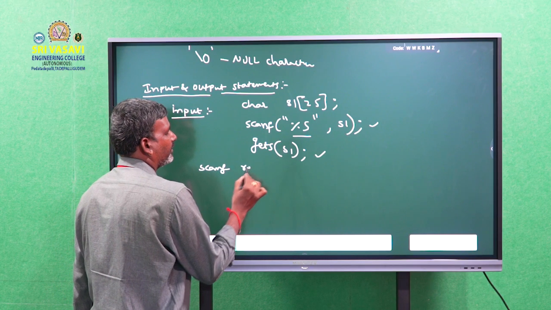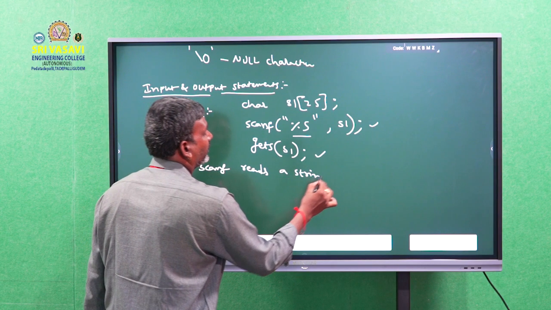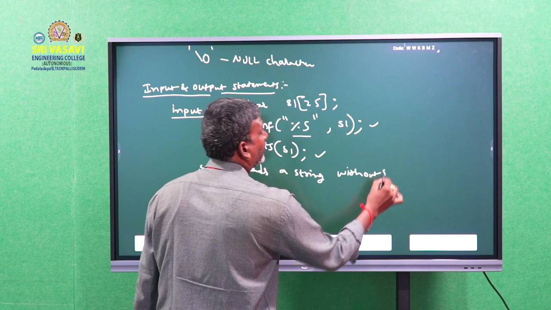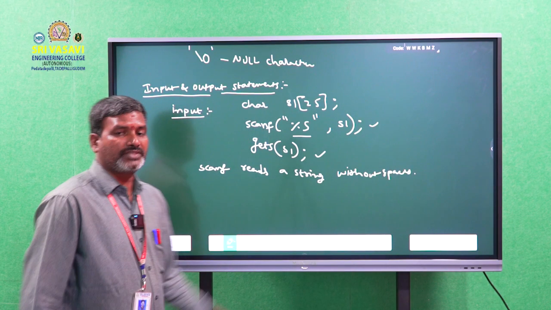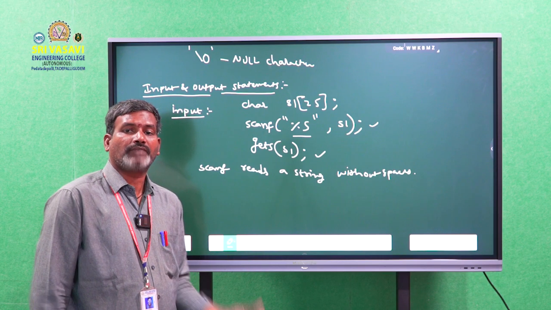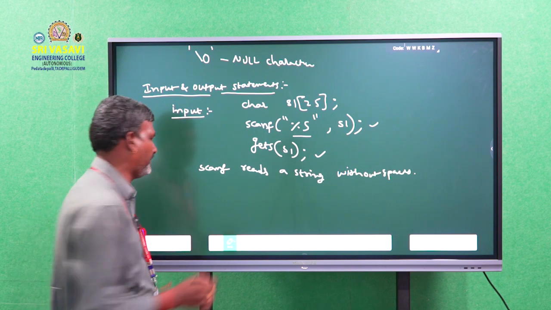The main difference between gets and scanf is that scanf reads a string without spaces. If any string contains a space, scanf will not allow it; after the space, it leaves the remaining name.